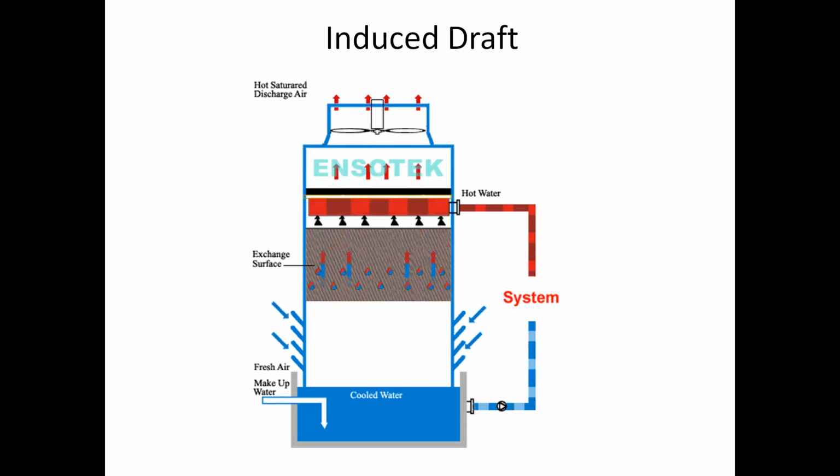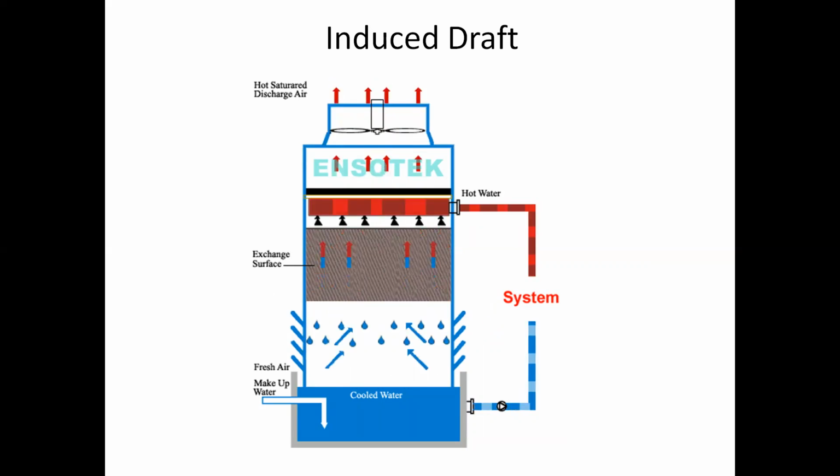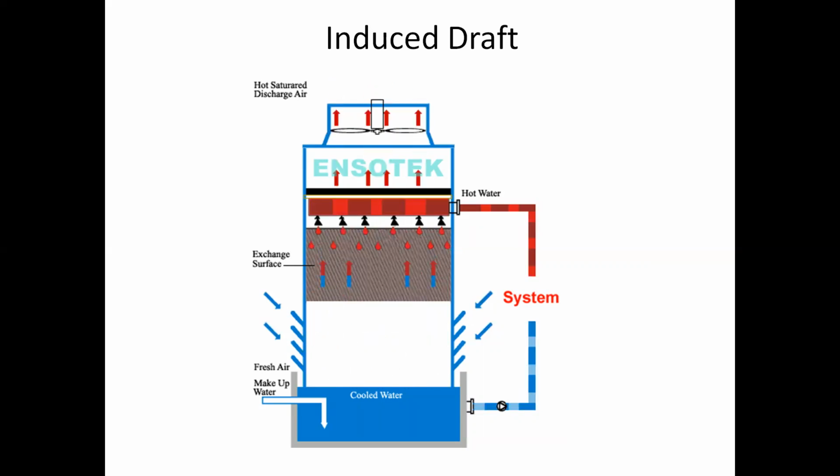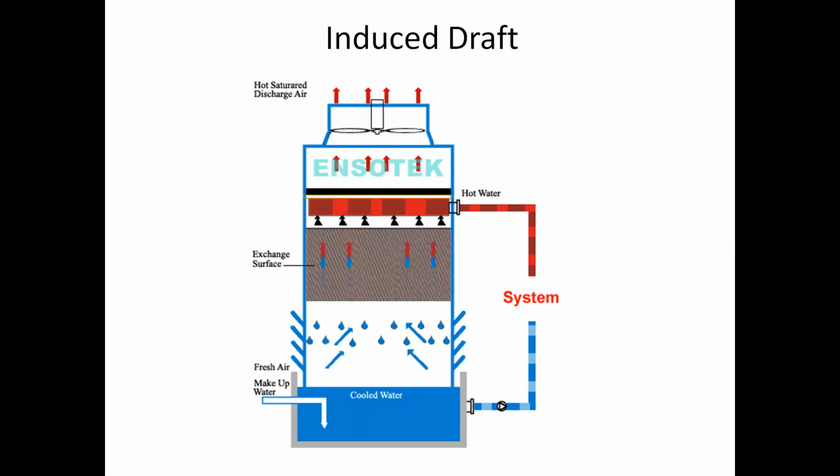The condition of water and the mixing of hot air with water is the same in all of these. The only thing is that in natural draft, there is naturally a flow. In forced draft, some downward force is required, a fan or something, to push the air, and in induced draft, a fan is mounted on the top to pull out the air. So this completes our cooling tower.